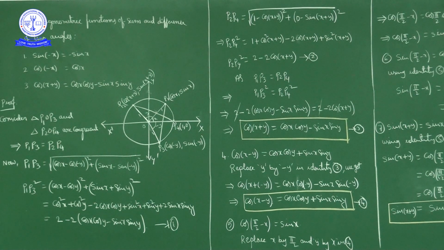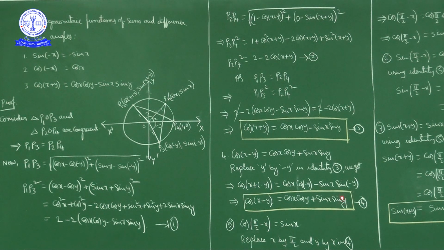Next, fifth identity: cos pi by 2 minus x is sin x. Here, observe the fourth identity: cos x minus y is equal to cos x cos y plus sin x sin y.